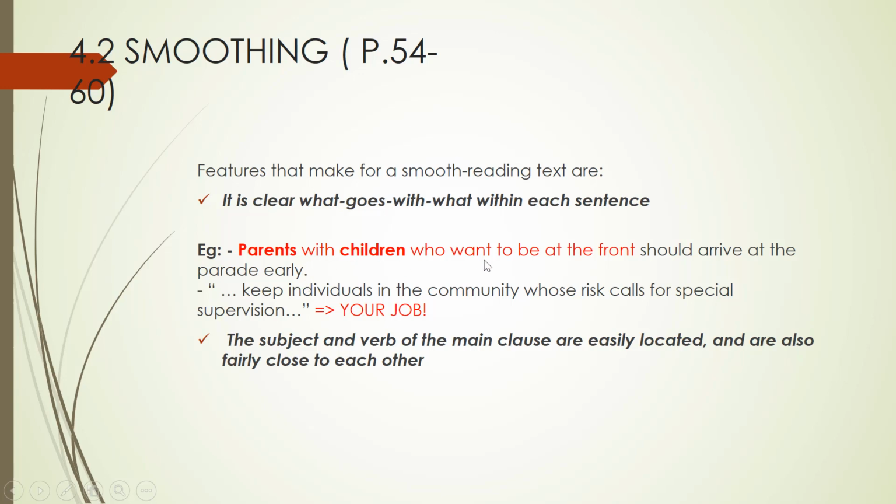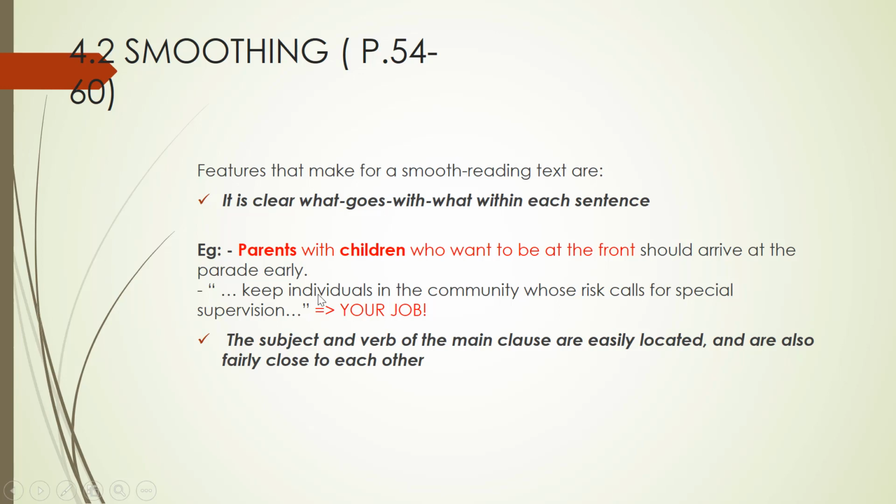Parents with children who want to be at the front should arrive at the parade early. So we can't know who should arrive at the parade early, the parents or the children. If you put the relative clause "who want to be at the front" like this, we can't know if "who" here refers back to parents or to children.